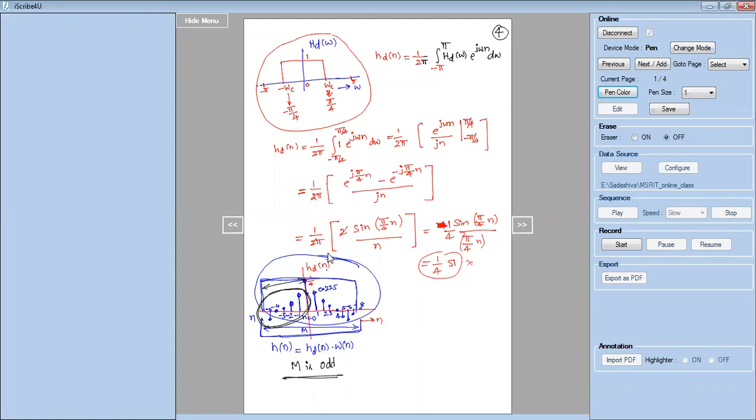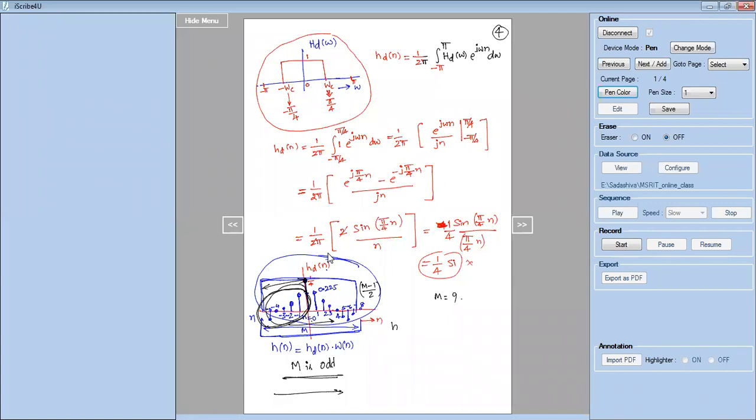When M is odd, we choose one sample at n equal to 0 and (M minus 1) divided by 2 samples on the right side. Suppose I choose M equal to 9, then one sample is chosen at n equal to 0, 4 samples on the right side, and 4 samples on the left side. Can I shift the 4 samples on the left side towards the right side?